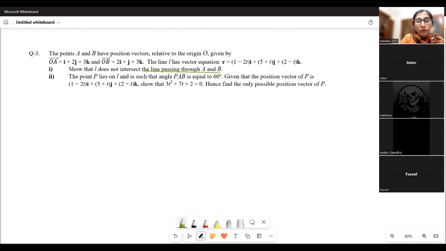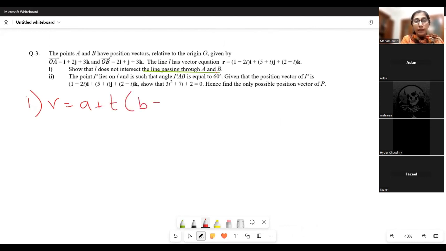Since we have two points on the same line, we're going to use r equals a plus t times (b minus a). In fact, t is used here, so we will definitely not use t. We can use s or mu or lambda or whatever, not t.